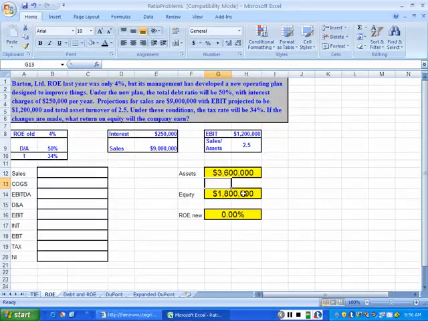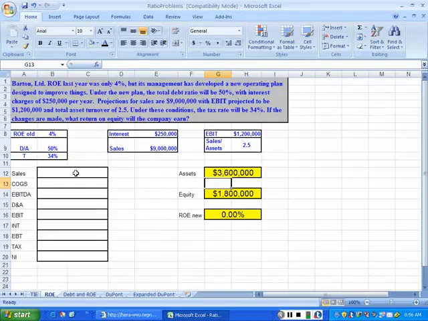Since 50% is debt and 50% is equity, then $1.8 million is in the form of equity. Once we can find what the net income is from the income statement, then we'll be able to come up with the final figure here on the new return on equity.